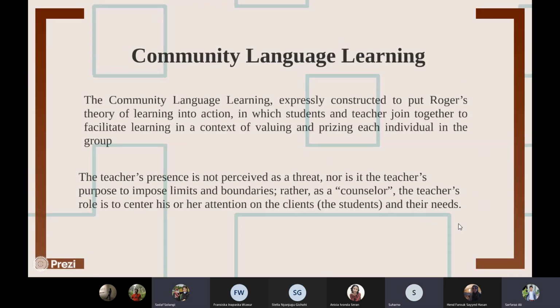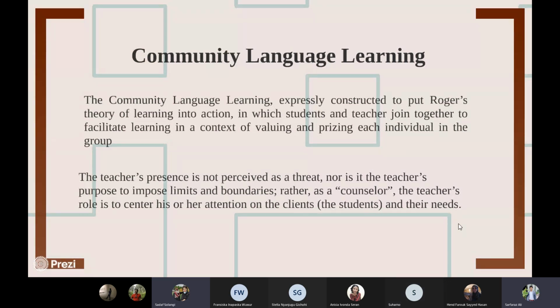So a different method is community language learning. Community language learning was expressly constructed to put Rogers' theory of learning into action, in which students and teachers join together to facilitate learning in a context of valuing and prizing each individual in the group.